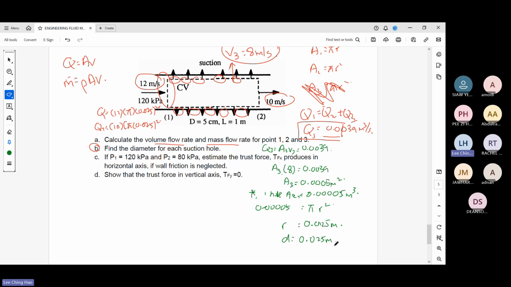Okay, remember 10. So that's why you need to divide by 10 before you apply the formula of pi r square. You cannot apply it the other way, find the r and then divide by 10. You have to do it first, because it is the area divided by 10, not the diameter divided by 10.